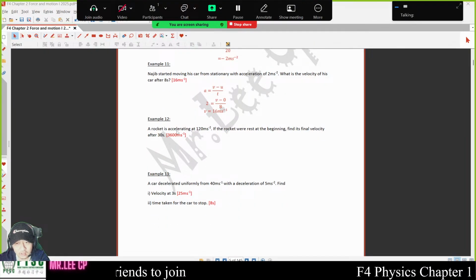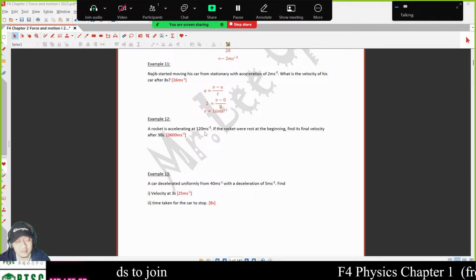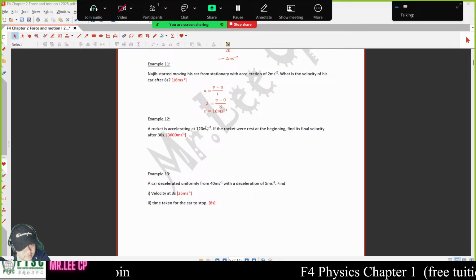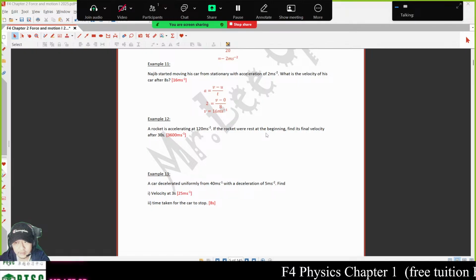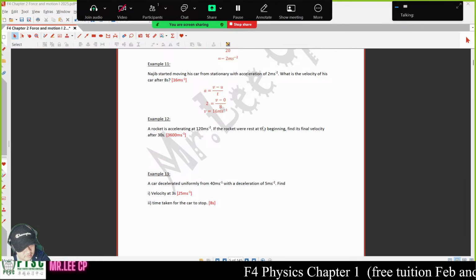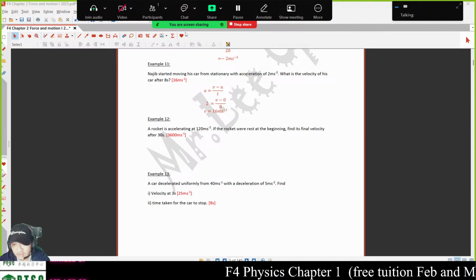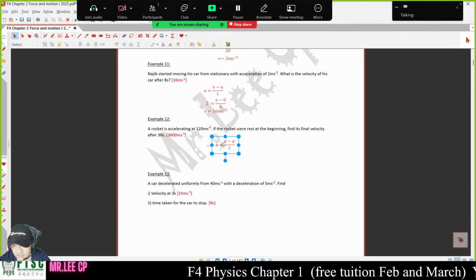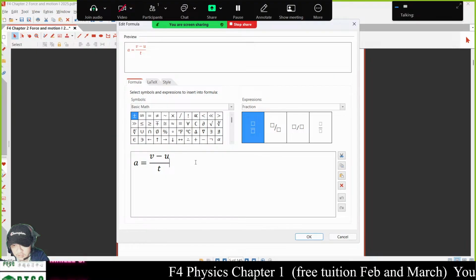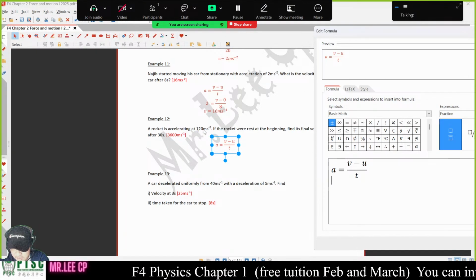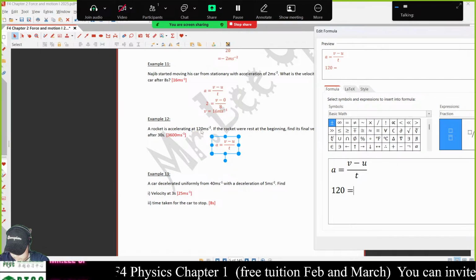So a rocket is accelerated at 120 ms negative 2. So we know the acceleration already. The rocket rests at the beginning, so initial velocity is 0. Find the final velocity after 30 seconds. So a is equal to v minus u over t, the formula. A, acceleration, is 120.